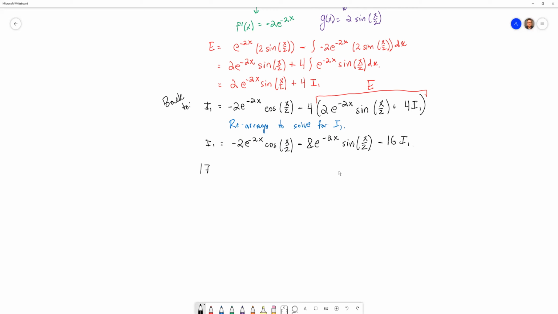So we have 17 I1 is equal to minus 2 e to the minus 2x cos x by 2 minus 8 e to the minus 2x sine x by 2.